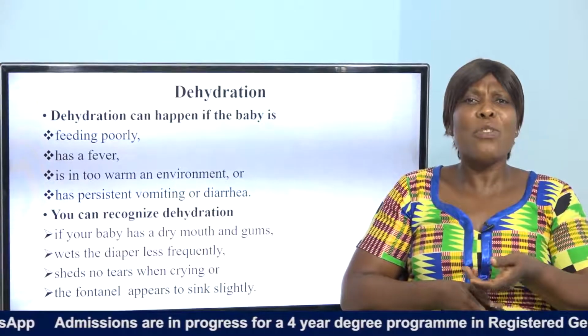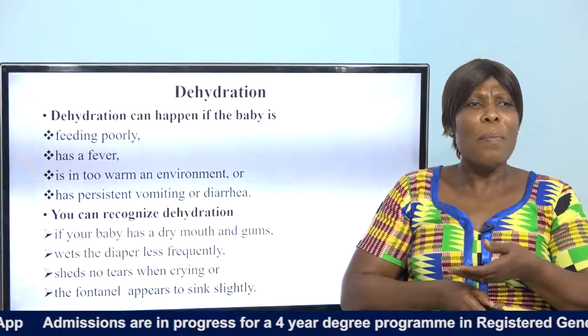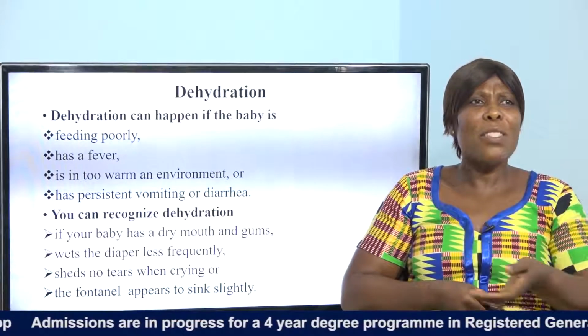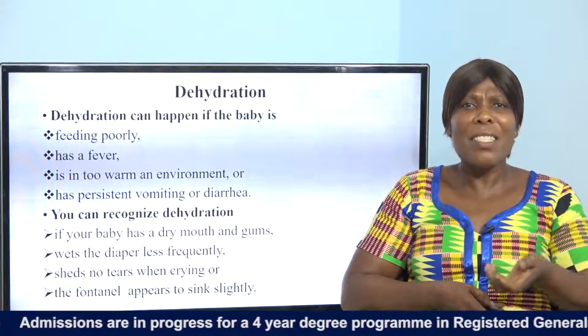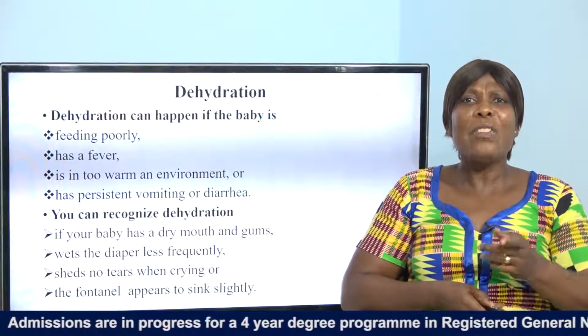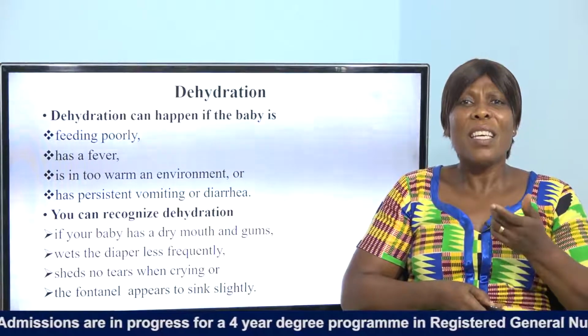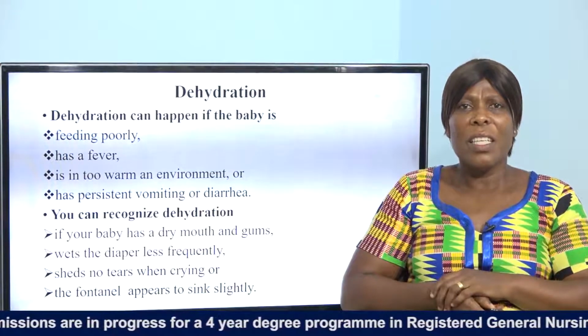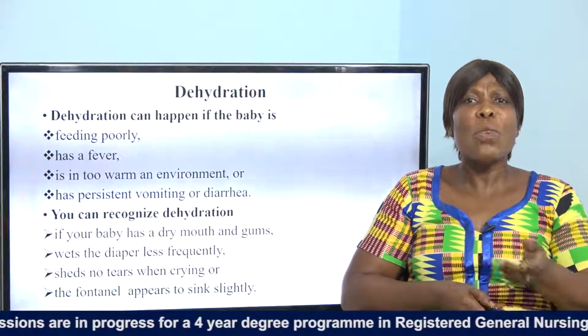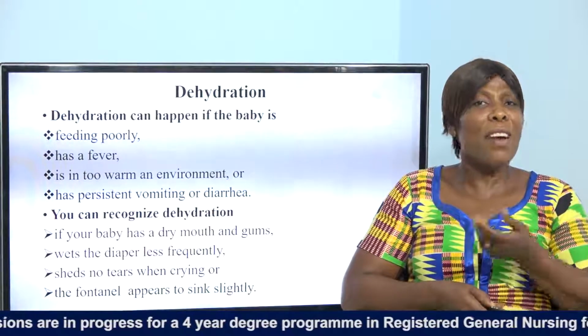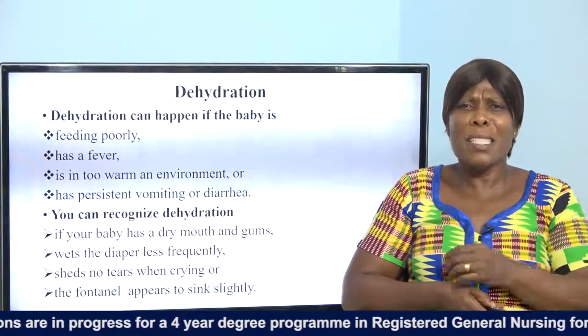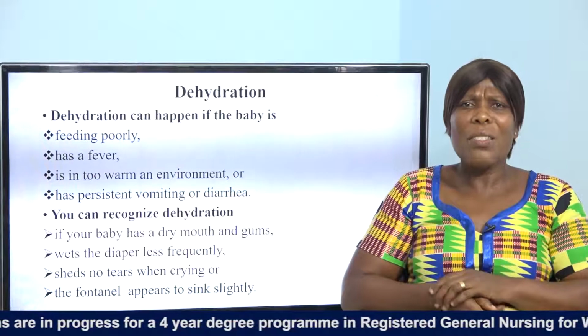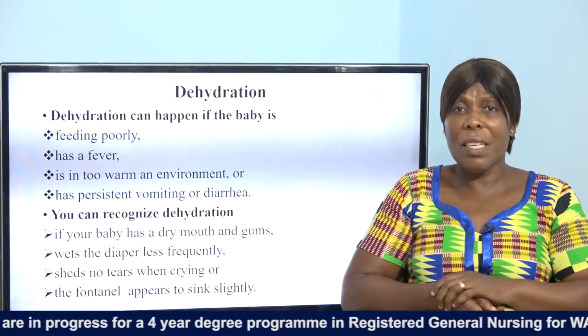For instance, you put on the diaper on the baby, and then for the past 12 hours, no production of urine. Then it will tell you that the baby is having some form of dehydration. Then when the baby sheds no tears, you see the baby crying, but no tears are coming. That will also tell you that the baby is dehydrated.